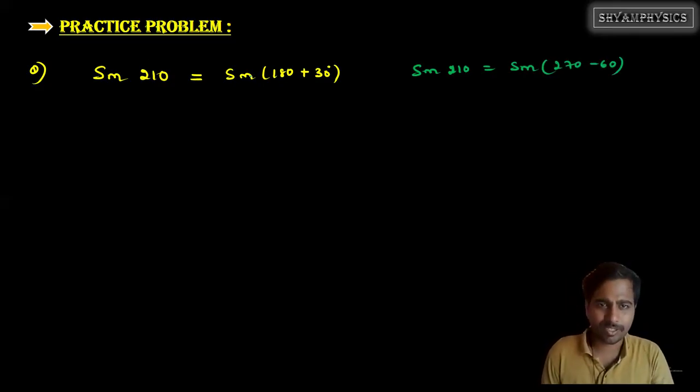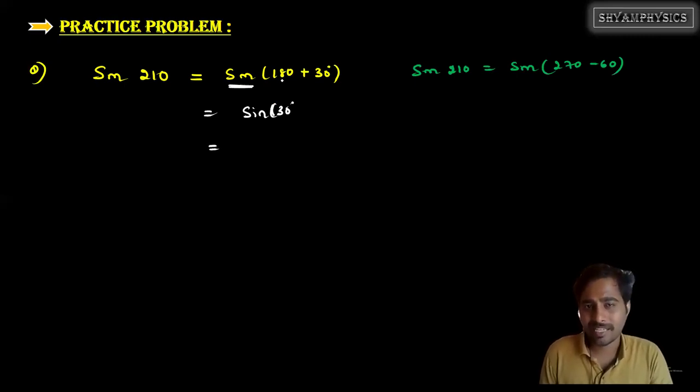Okay, coming to this point. In this case, sine 180 plus 30 degree. Here, 180 plus theta means we should not change the trigonometric function. So it will be sine as itself, angle is 30 degree. Next, tell me one thing: sine 180 plus theta belongs to the third quadrant.